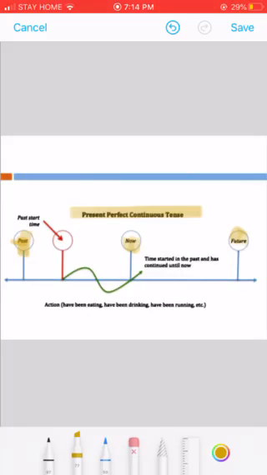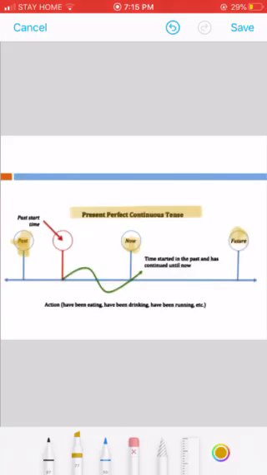In the past. إذا started in the past. And the action started in the past and has continued until now. إذا عندنا الفعل بدأ في الماضي وما زال مستمر أو مكمل يعني حتى الآن.